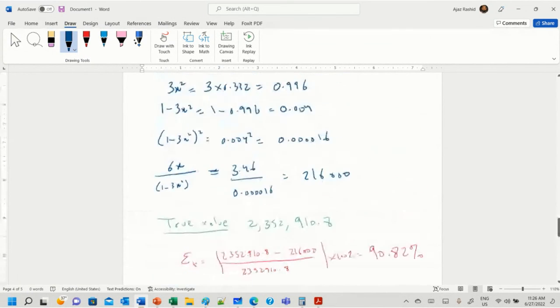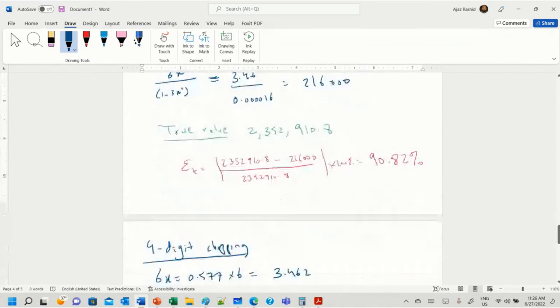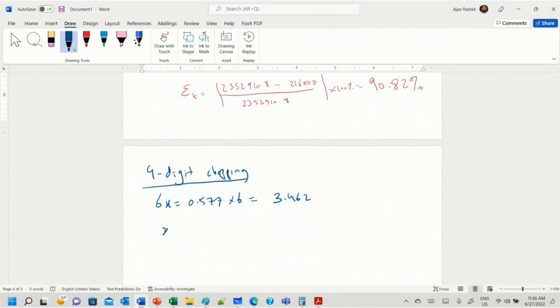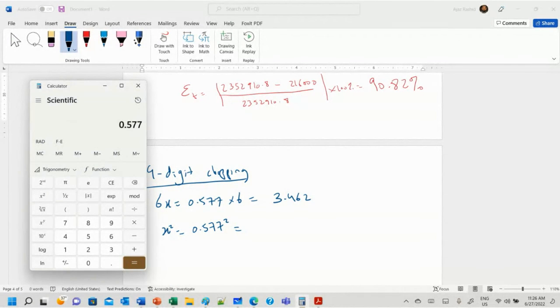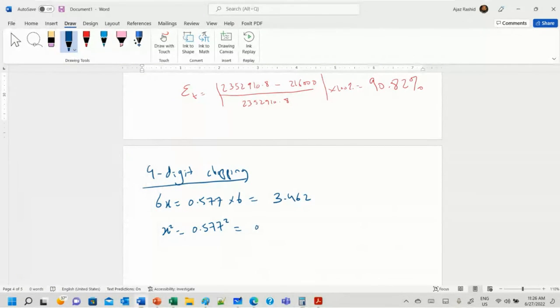Then I have x squared, which is 0.332929. We keep 4 digits, and we chop the others.